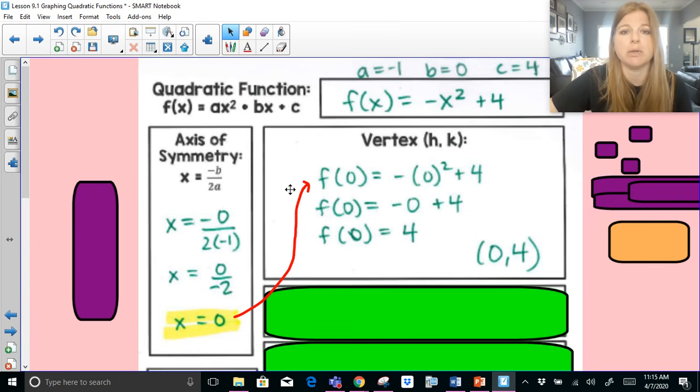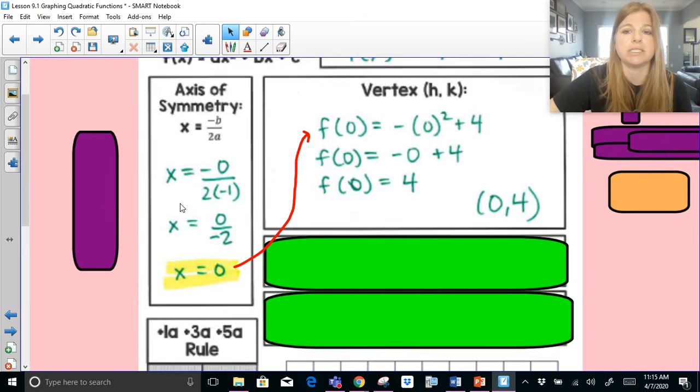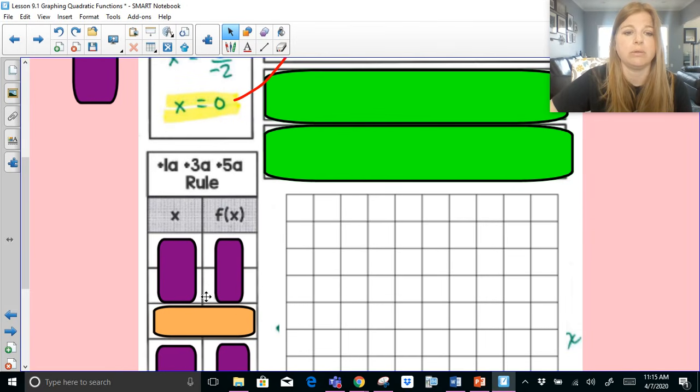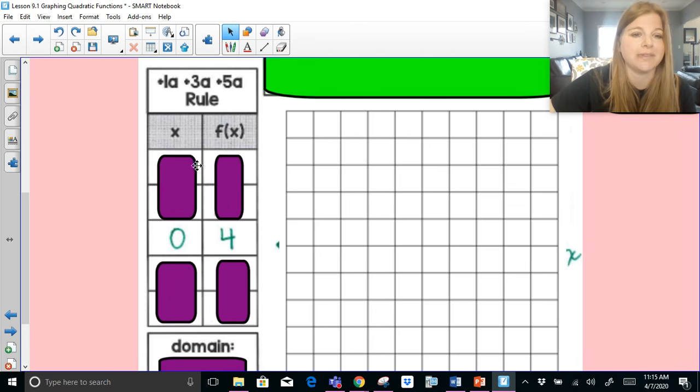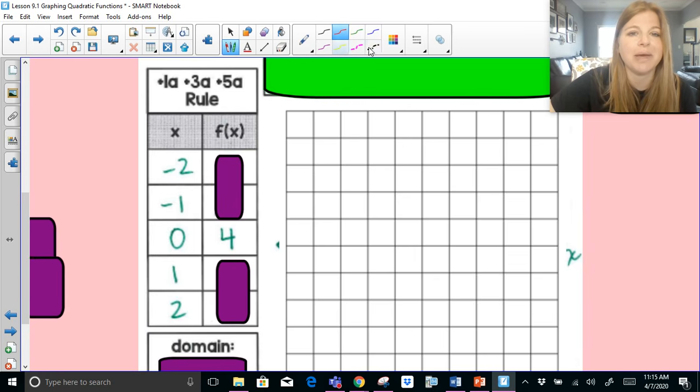Where does the vertex go in my table? The vertex goes into the table right in the middle, 0, 4. Now that I fill in my x values, so 1 less going up, 1 more going down. But now my a value is not 1. My a value is actually -1.